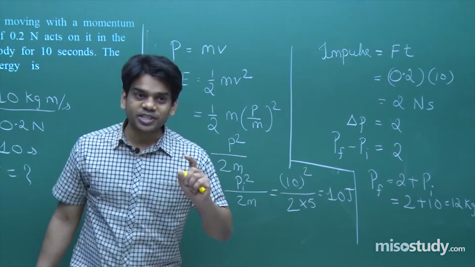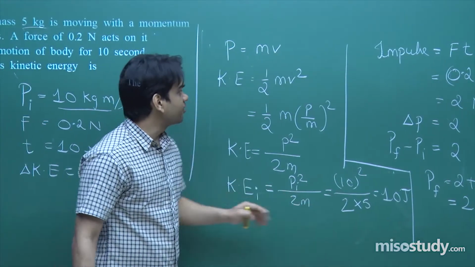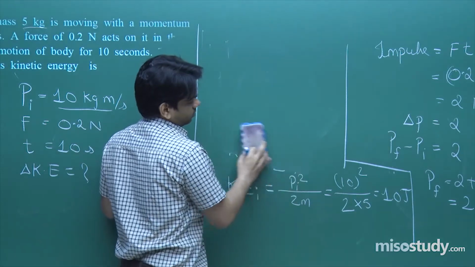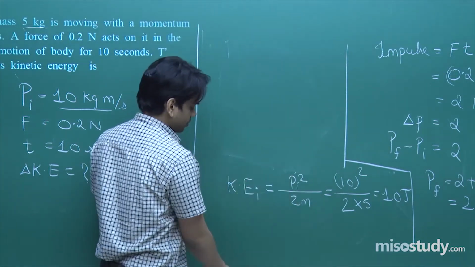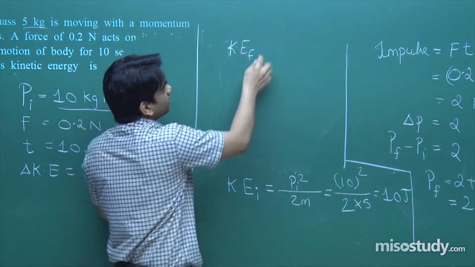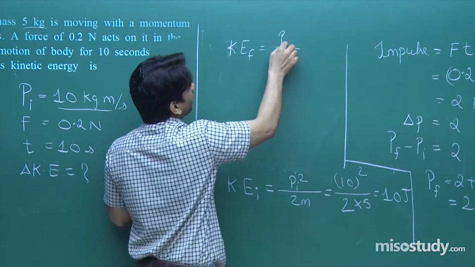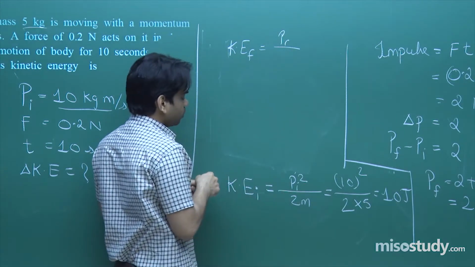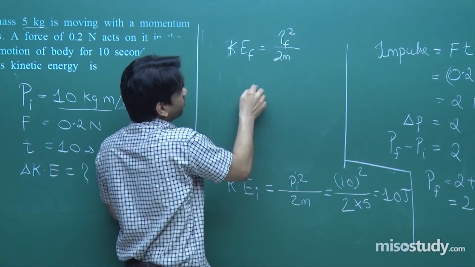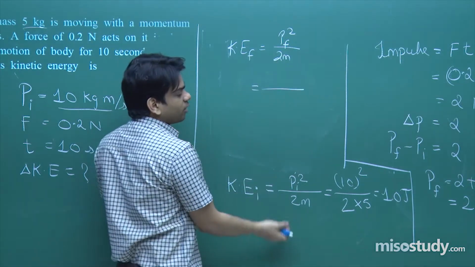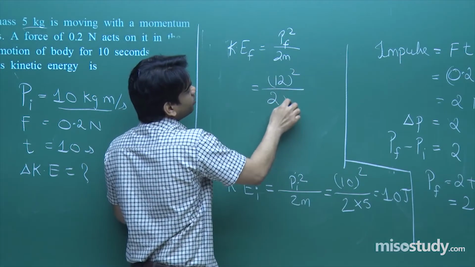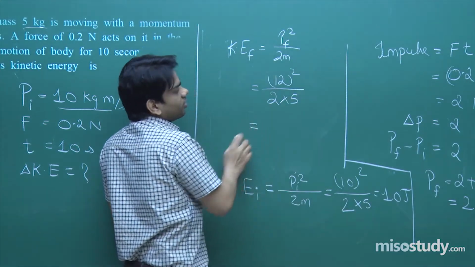Already I have given the equation, and this is the initial kinetic energy I have written. Now for the final kinetic energy, we use the same equation which we have just derived: kinetic energy final will be P final whole square divided by 2m. The final value of P is 12. So 12 whole square divided by 2 into 5.